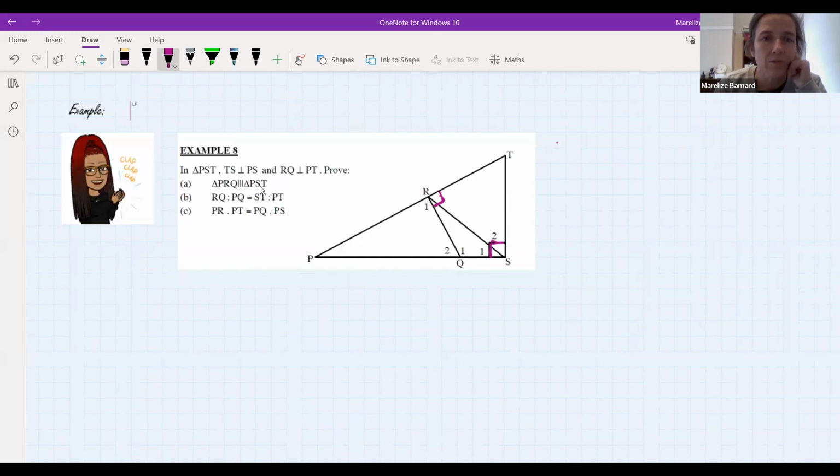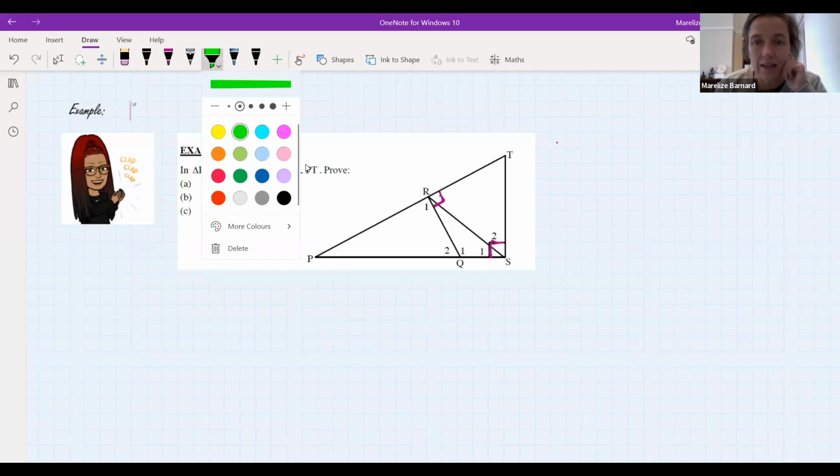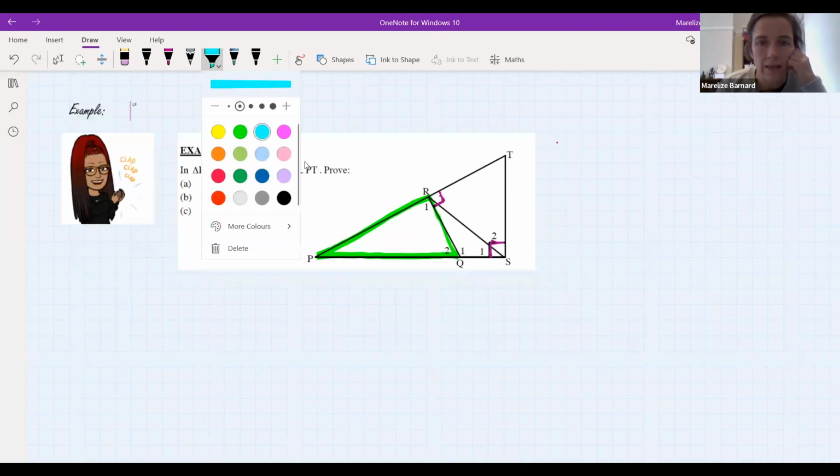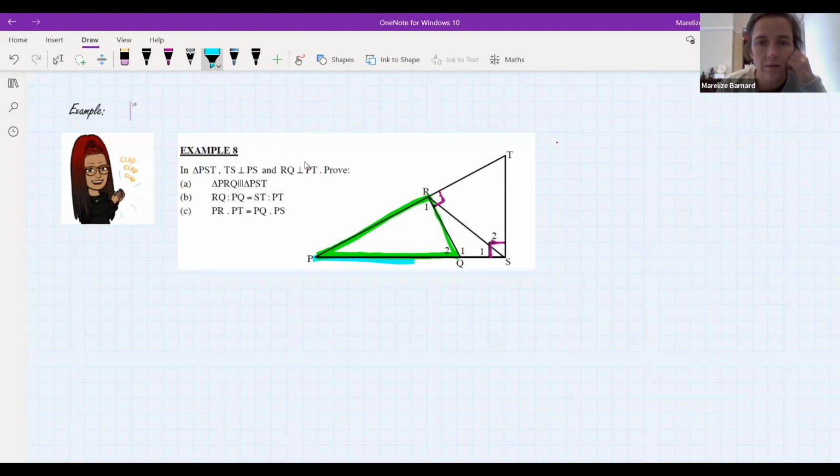First question, we have to prove triangle PRQ is similar to triangle PST. So triangle PRQ, and I'm going to get my highlighter out because there's a bunch of triangles here. To see which ones you actually have to prove, it makes it easier if we just highlight them. So PRQ, this one here, and PST, so it's the big one.